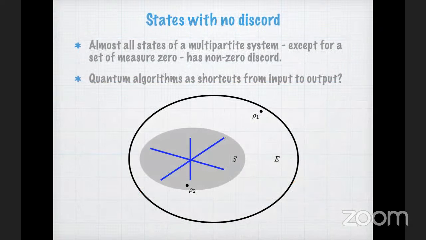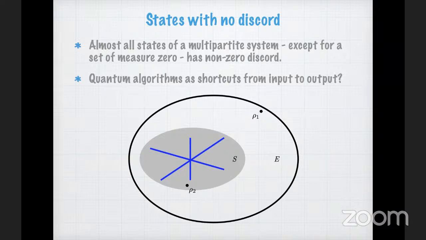Now, there was a subsequent lot of interest in the notion of discord, and one of the interesting results that came about was that if you take all the states of a multipartite system, except for a set of measure zero, everything else has non-zero discord.